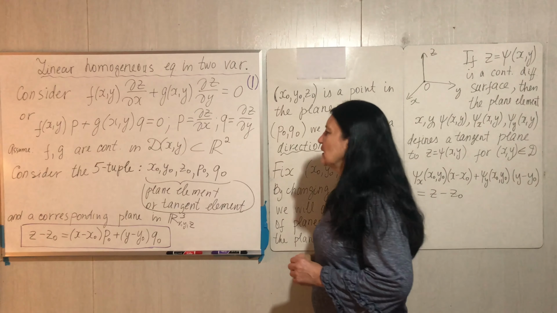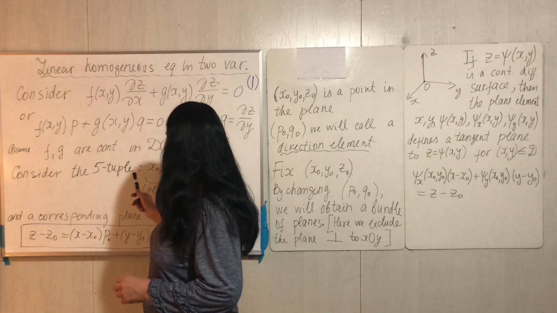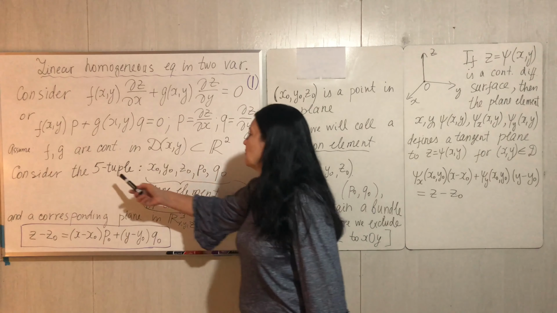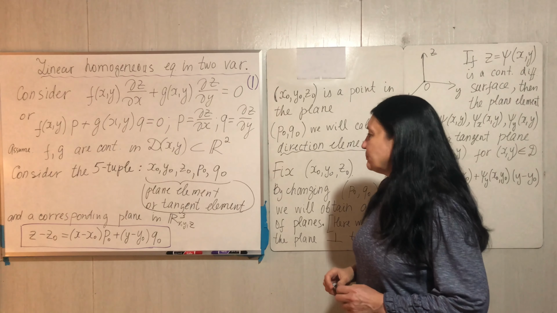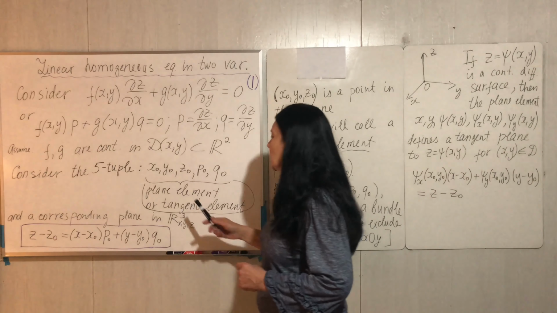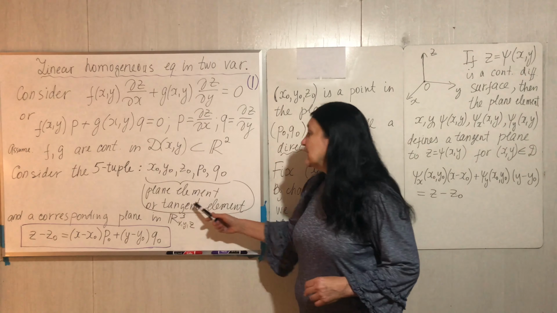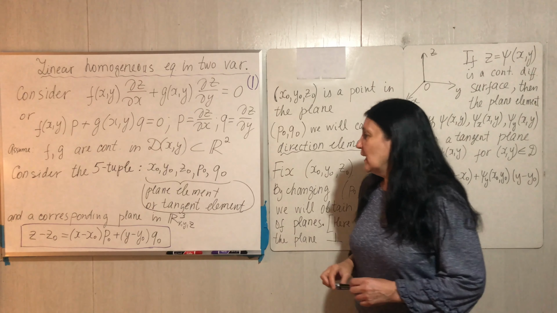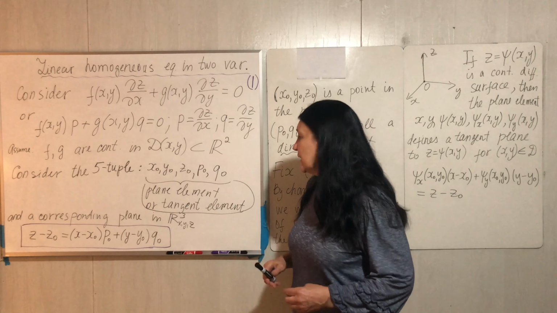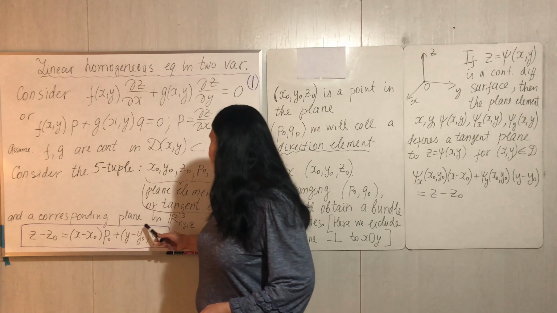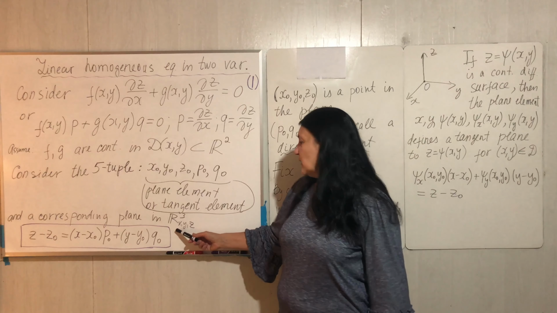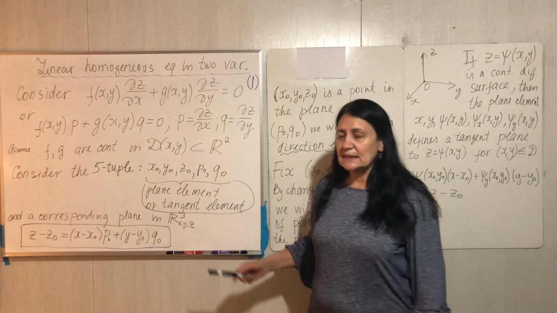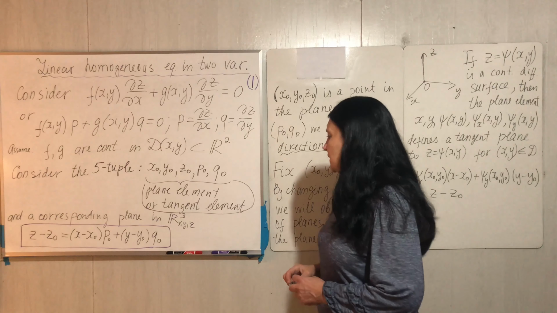And then consider this set of five numbers, this five-tuple. We can call it a plane element or tangent element. And consider a corresponding plane in the space R3, where our variables x, y, and z are changing.